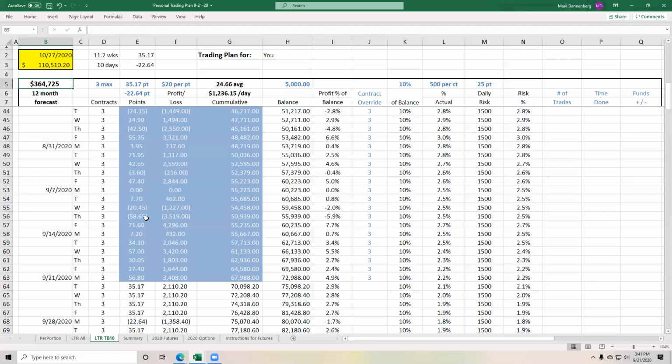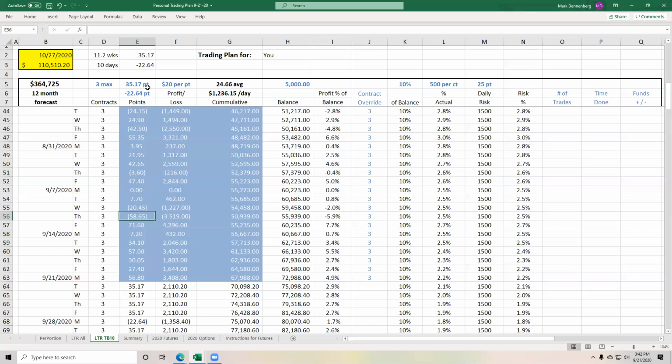That day we had the loss of 58.65 points. I didn't like it, I'm going to be honest, but I plugged it into the trading plan and I looked at what the 12-month forecast was. I looked at what my averages were, and all of a sudden it's just not that big of a deal because I'm no longer focused on a single day. I'm focused on averages that I believe I can continue to recreate.